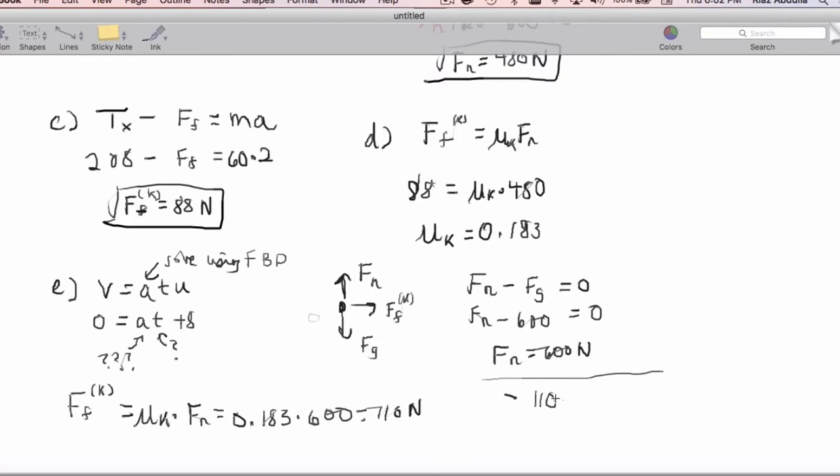So I'll just say, always remember friction is negative in these force equations. I'm going to actually write it like this. So we have negative force of friction equals m times a. That's negative 110 equals 60 times a. So a is going to end up being negative 1.83.